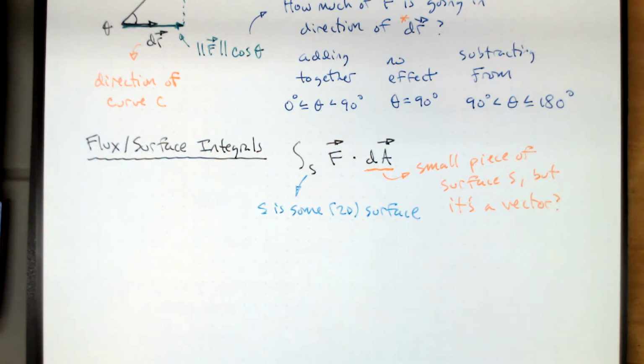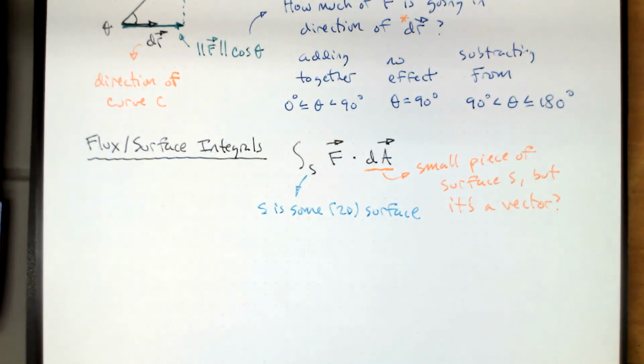This is based on what we know about integrals and how they work. Our vector field is possibly continuously variable all over the surface. So we chop the surface up into a bunch of little pieces and say that the vector field is constant on these little pieces. That way we can make our dot product calculation, and then add that to the next one.